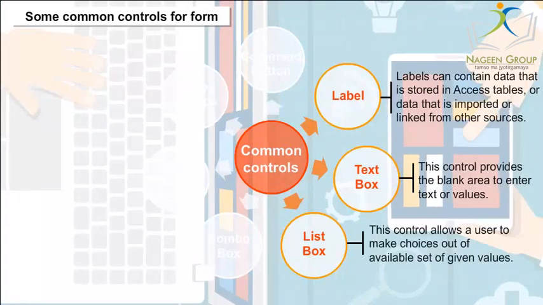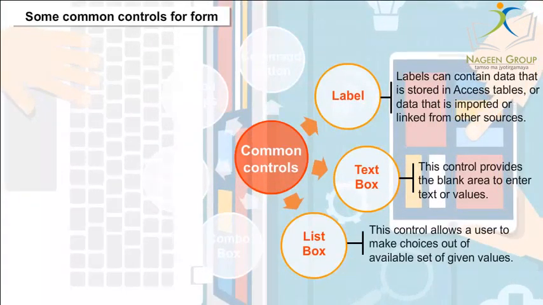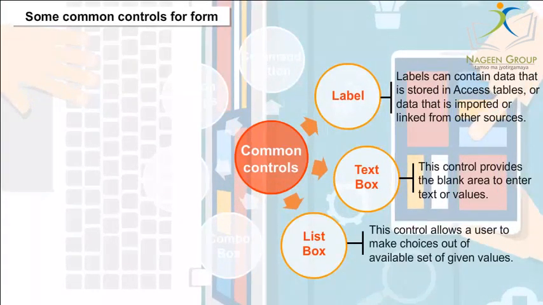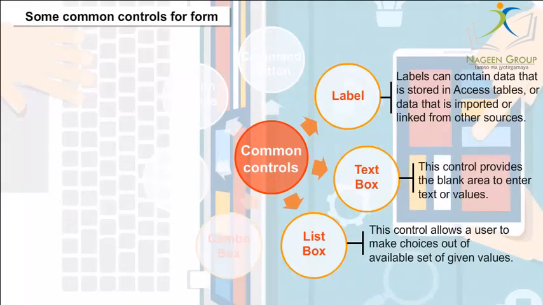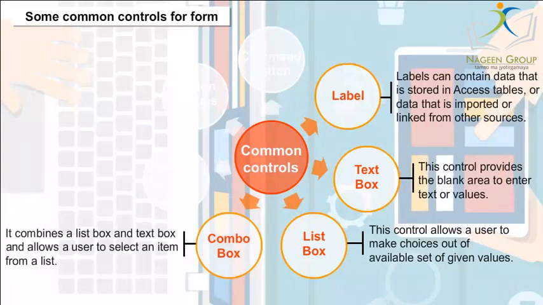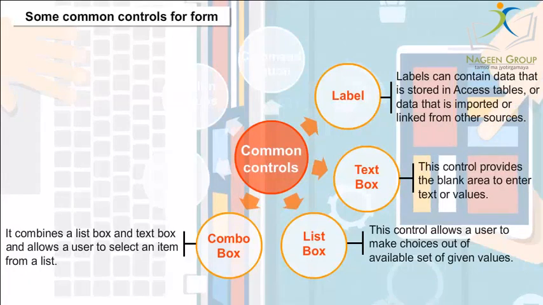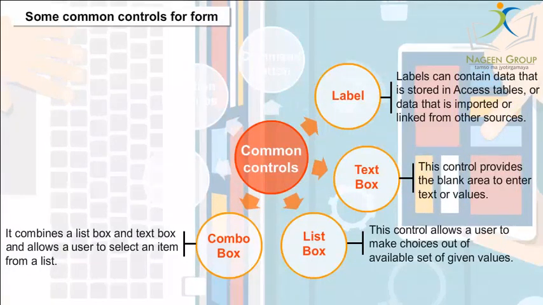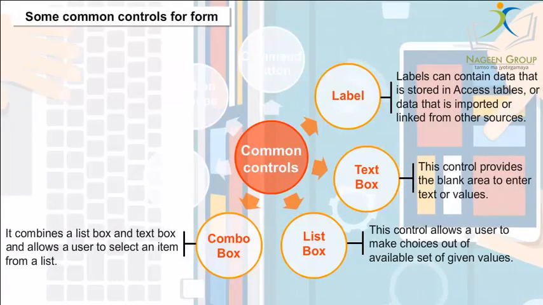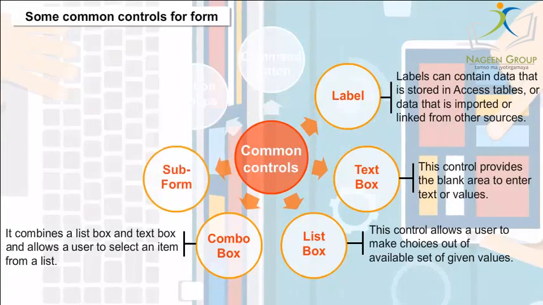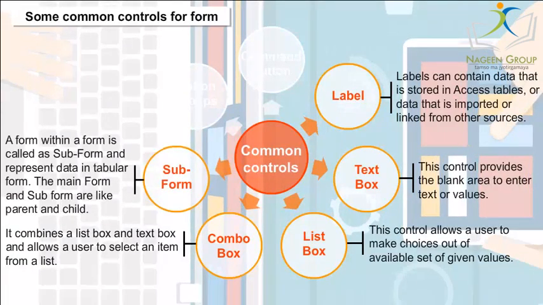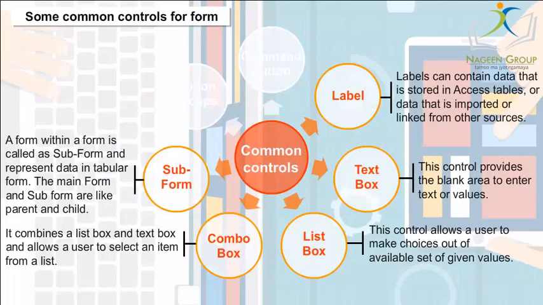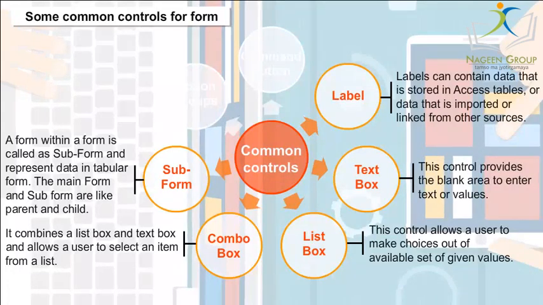This control allows a user to make choices out of an available set of given values. Combo box. It combines a list box and text box and allows a user to select an item from a list. Subform. A form within a form is called a subform and represents data in tabular form.